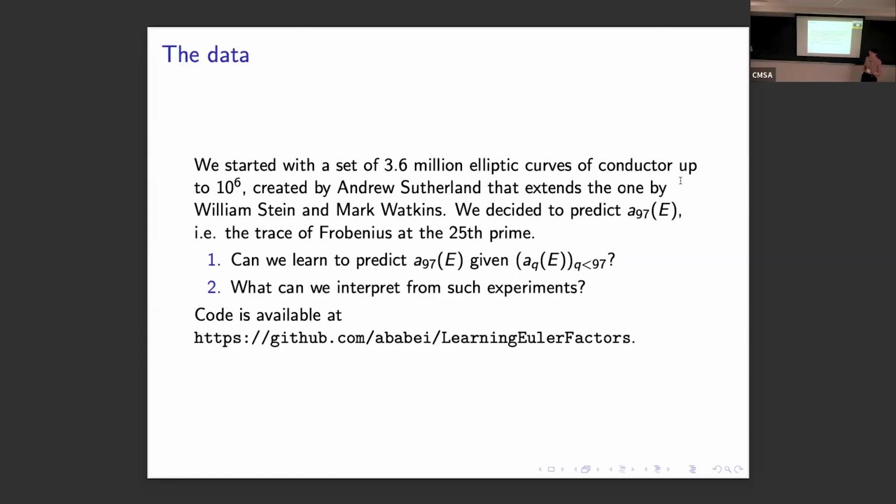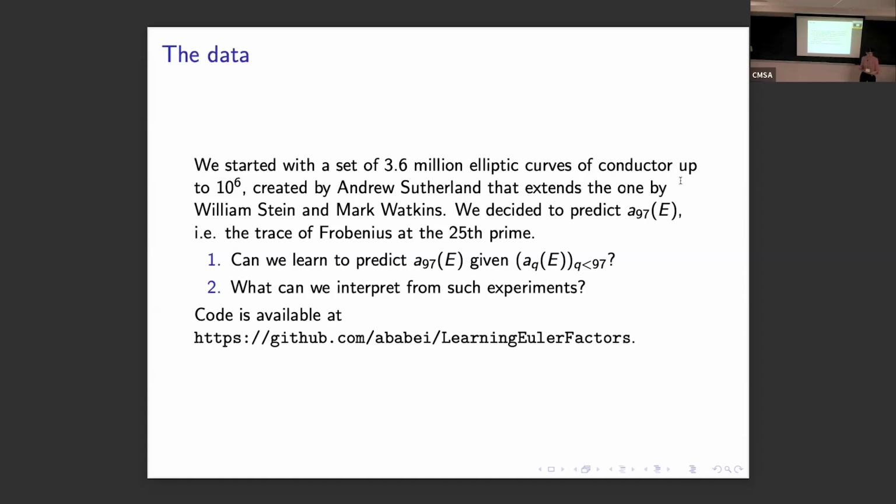We tried to predict a_97 modulo 2. That comes from the theory of mod l Galois representations, which tells us that if you want to predict the whole value, you really just need to predict it at different primes, and then you can patch things together.